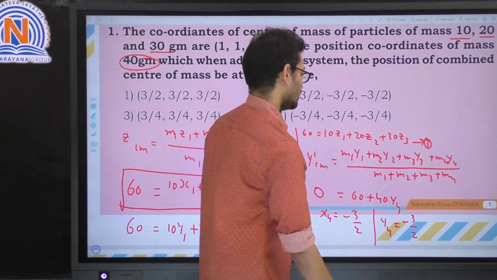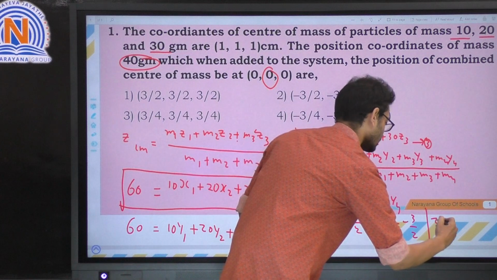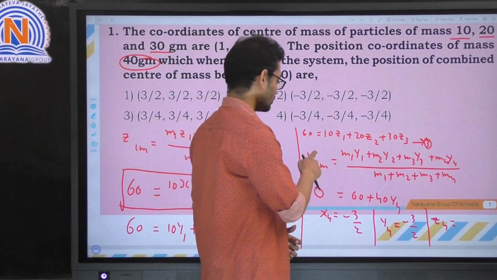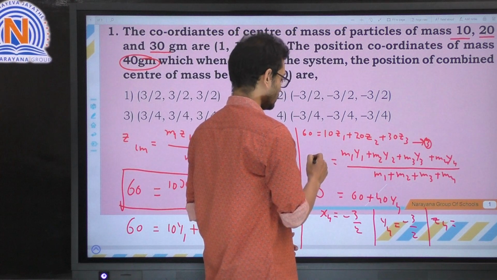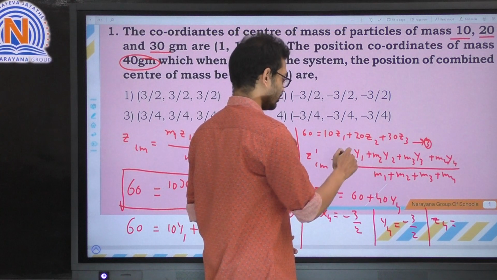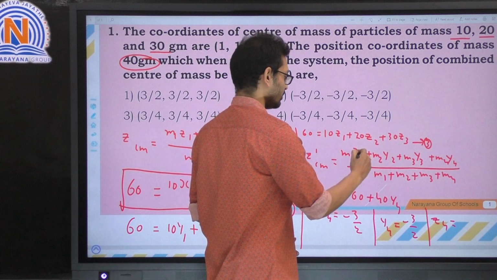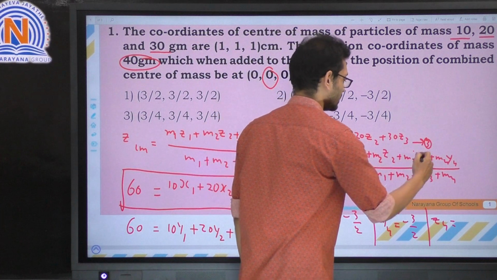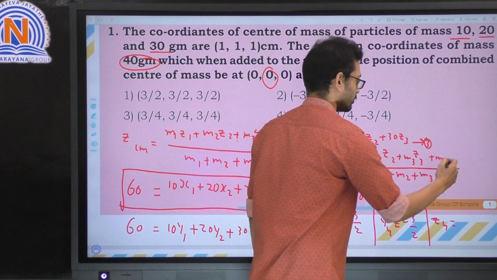Well, if you try to find out for Z4 also you will be getting the same thing. So this is Z dash center of mass, and this is going to be Z1, and this is also going to be Z2, this is going to be Z3, Z4.